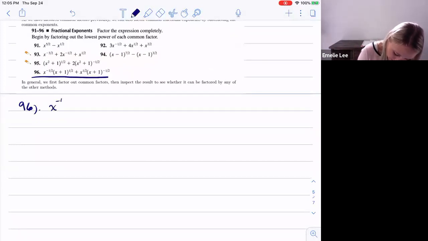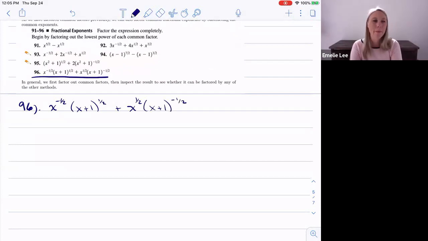So I've got x to the negative 1/2 times x plus 1 all to the 1/2 plus x to the 1/2 times x plus 1 to the negative 1/2. So just scanning this, I've got some x and some x plus 1, right? So I'm going to be able to pull out some x and some x plus 1 from here. I just need to figure out what my lowest common exponent is.